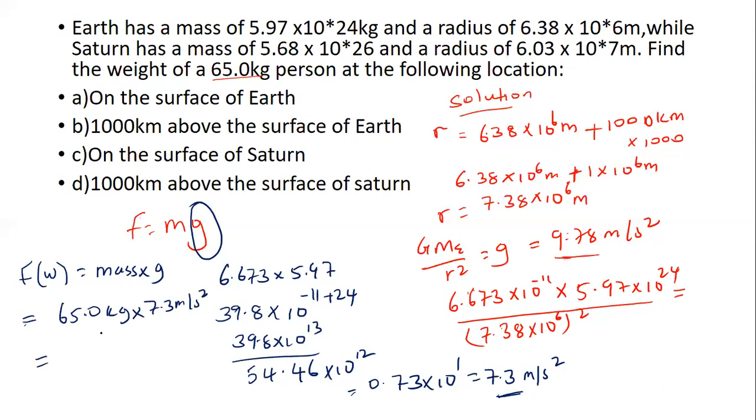Then 65 times 7.3 is going to give you what?